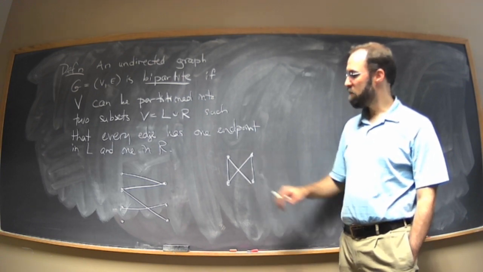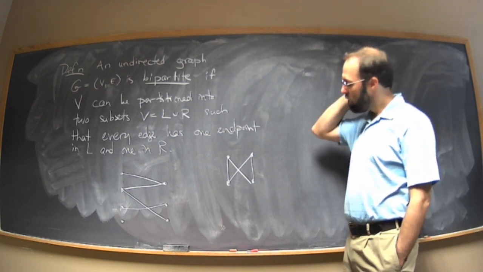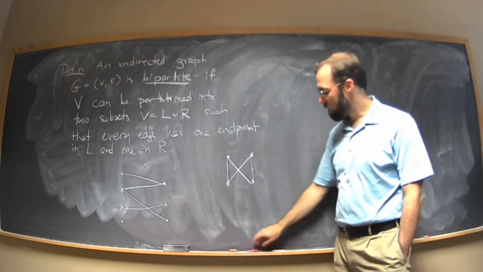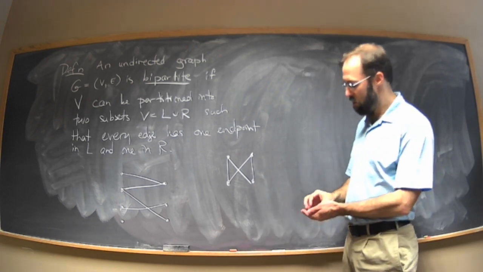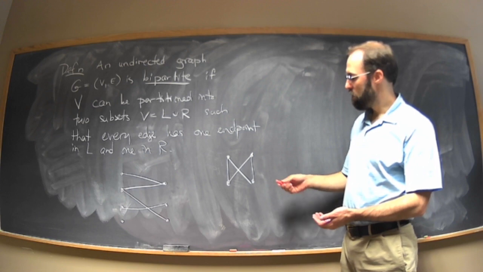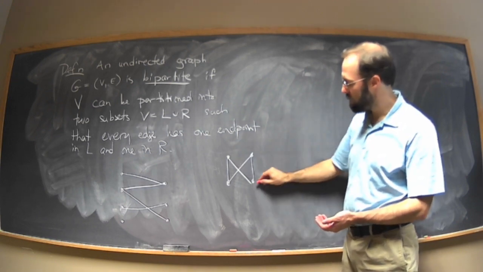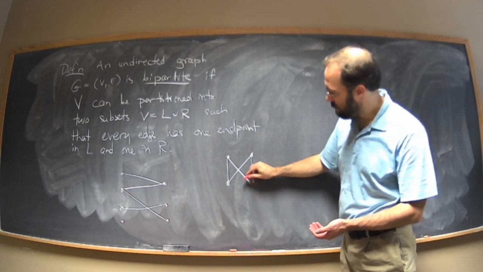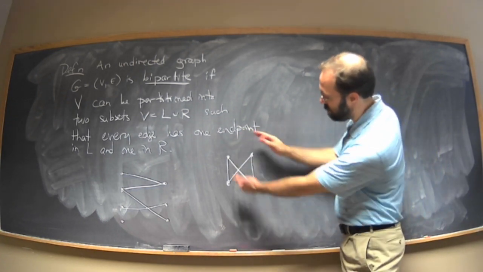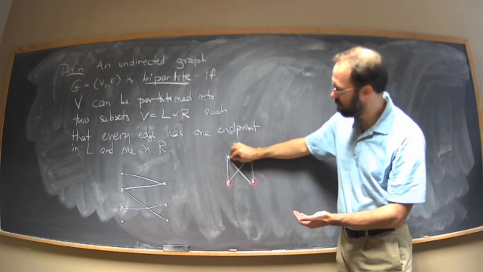But I've drawn it in an intentionally misleading way. So the point is, can you find, and you can think about colors, can I make some vertices red and some blue such that there's no edge that connects two vertices of the same color? And yes, I can. If I make this one red, and I just turn it in this case. But I can make these two red and these two blue, and that works.